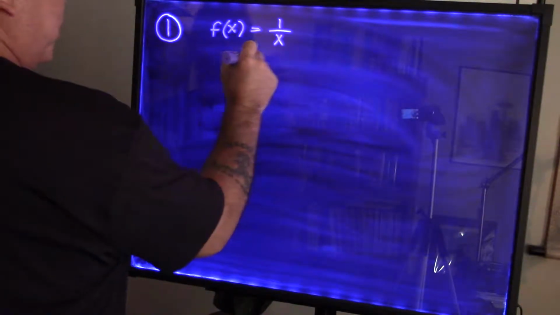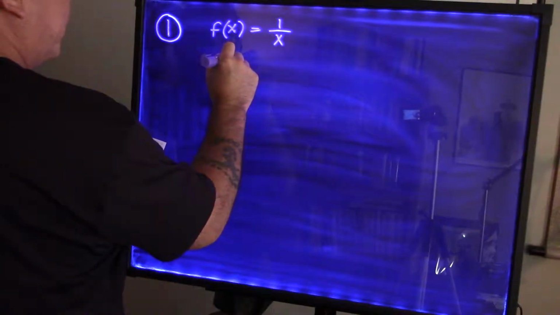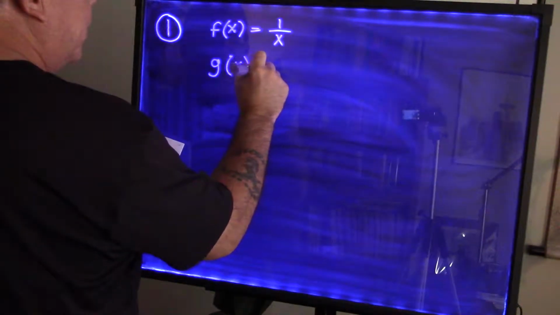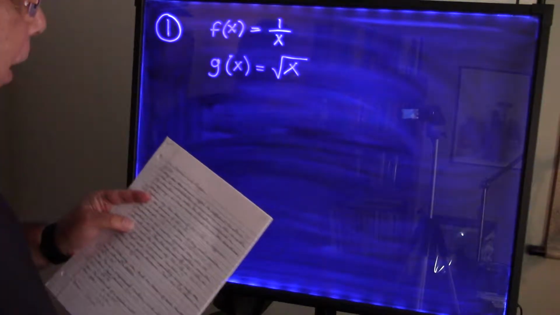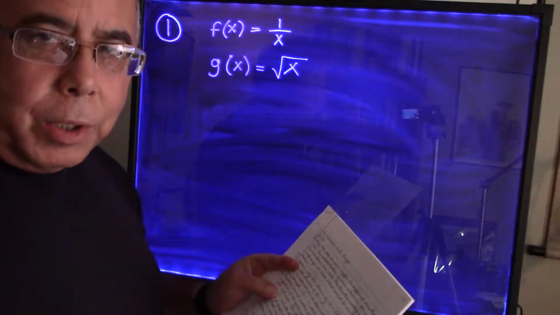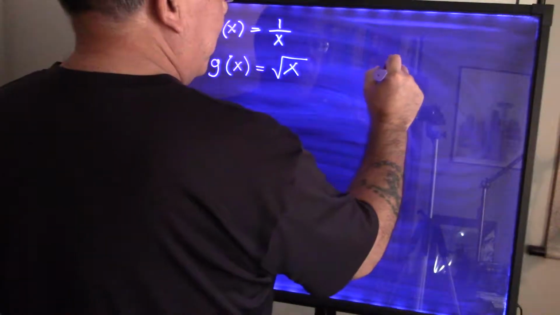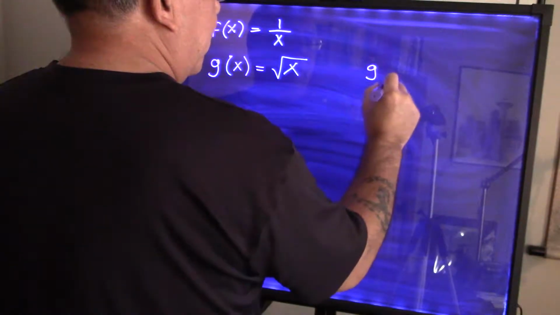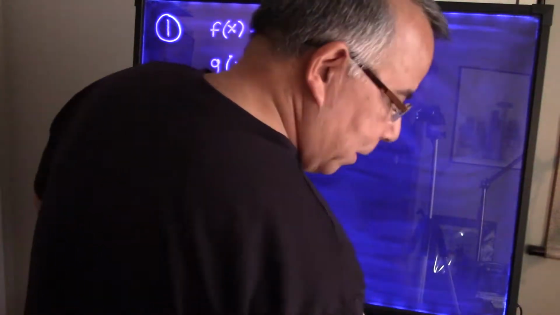You could have another function, for example, g of x is the square root of x. If you let x be a negative number, then what you would get is an imaginary result. So for example, the square root of, let's say, negative 9.